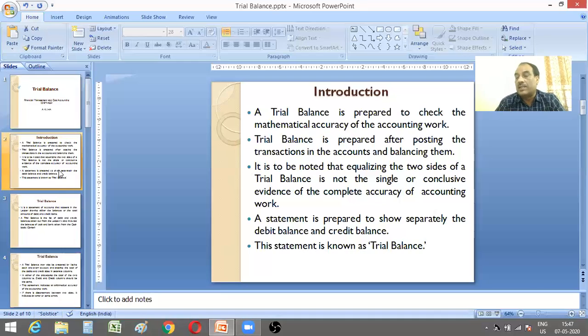And what is a debit balance? Debit balance is when the total of all debits exceeds the total of all credits. And if the total of all credits exceeds the total of all debits, then it is a credit balance.